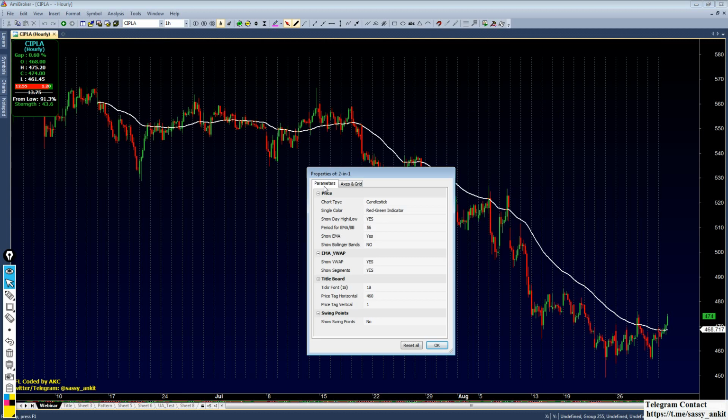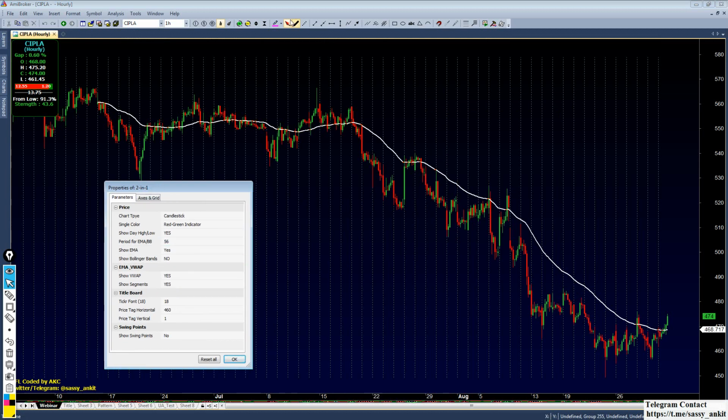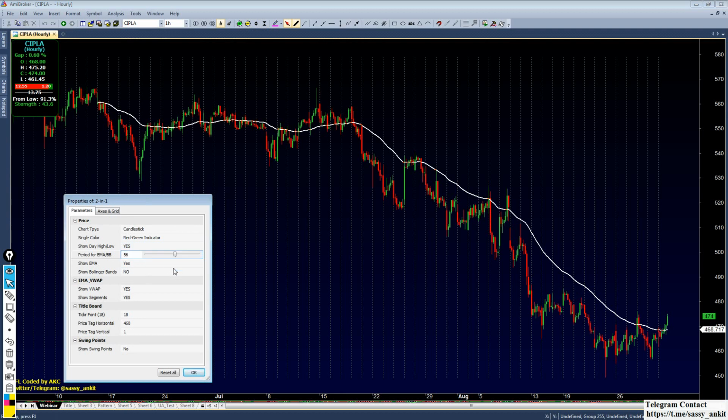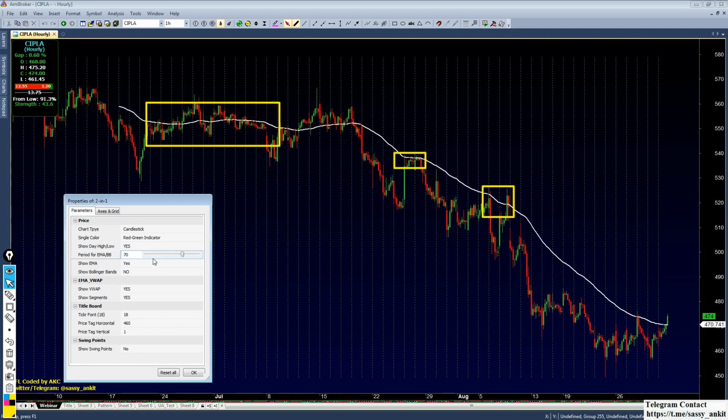So here we are. Let me zoom out the chart a little bit and adjust the trend lines. Now I'm definitely looking at these lows and something in between these zones I'm observing. So let's see which trend line gives the proper results. Okay, something here.